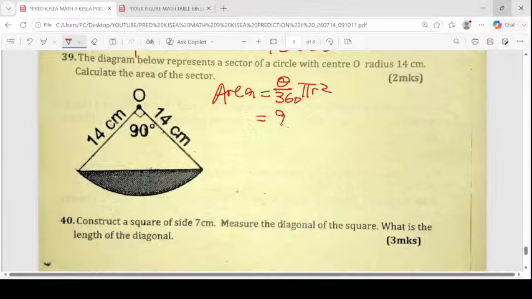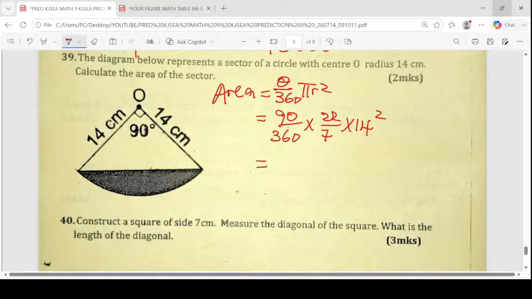So this is 90 over 360 by pi, which is 22 over 7, by the radius 14 squared. When you multiply this well, you are going to get 154 square meters as the area of that sector.